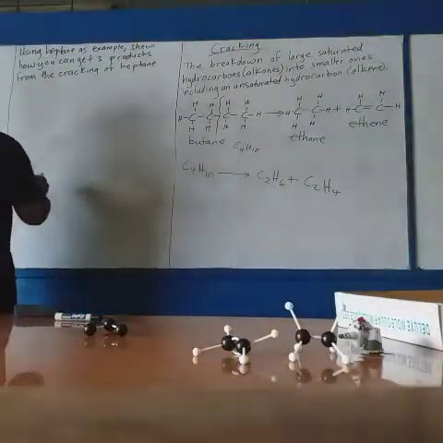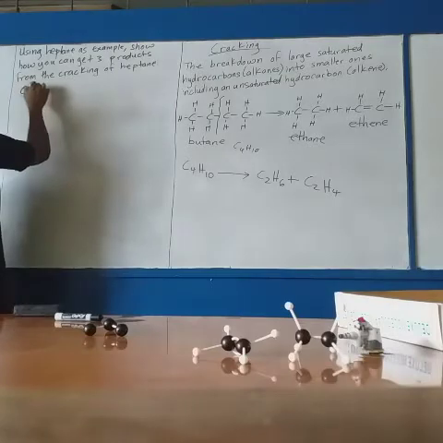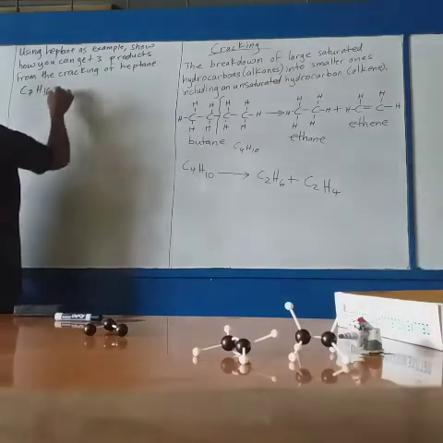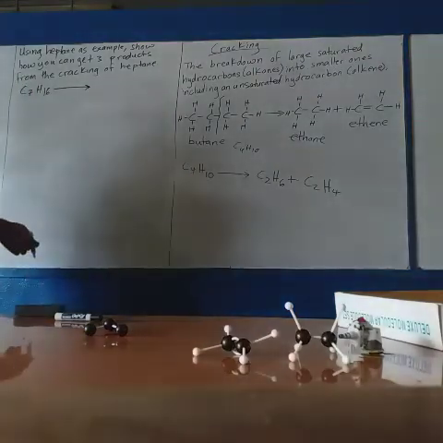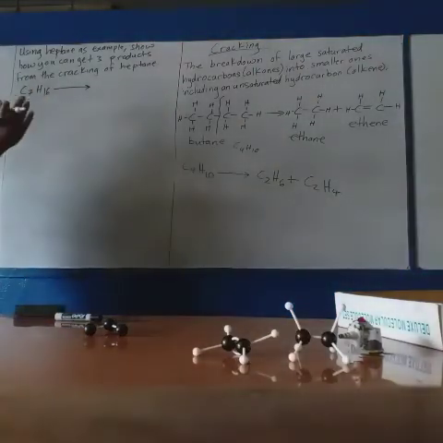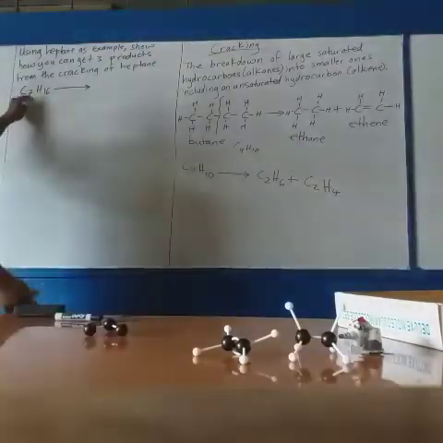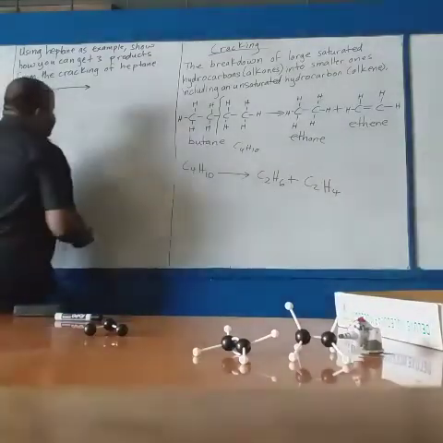So heptane is C7H16. They are asking you to crack it to get 3 products, so not 2 products this time, 3 products. You have 7 carbons. You can choose how much each fragment has.